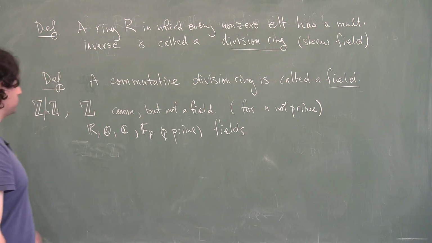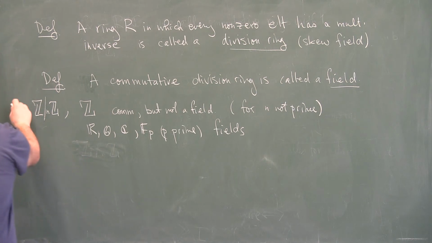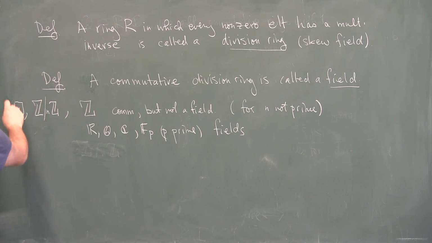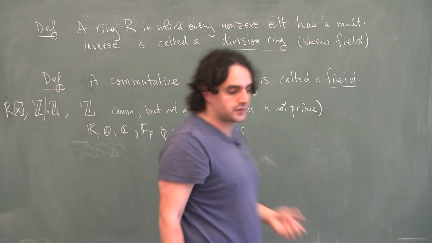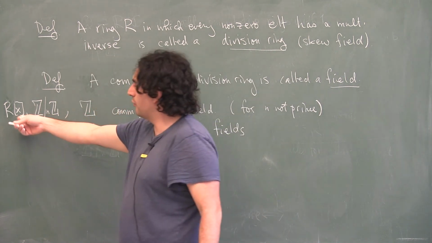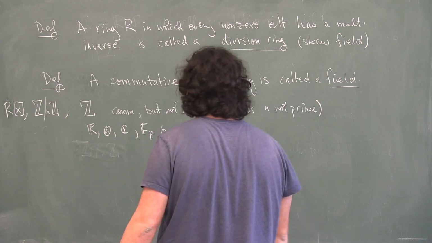Okay, and then also the polynomial rings that we have seen. So R[X], if I take any commutative ring R and I look at the polynomial ring R[X], then this cannot be a field because our formal variable X will not have a multiplicative inverse.